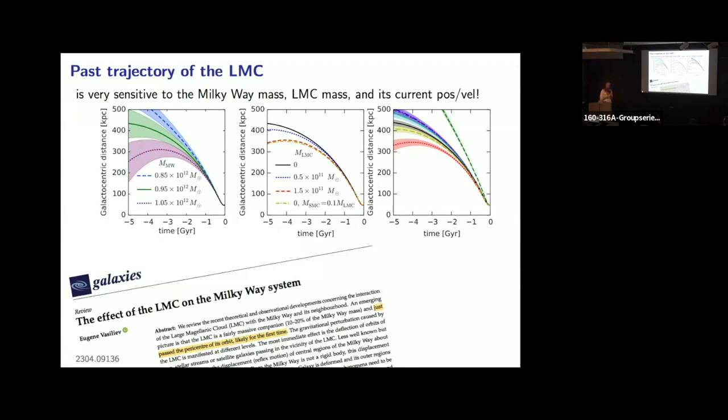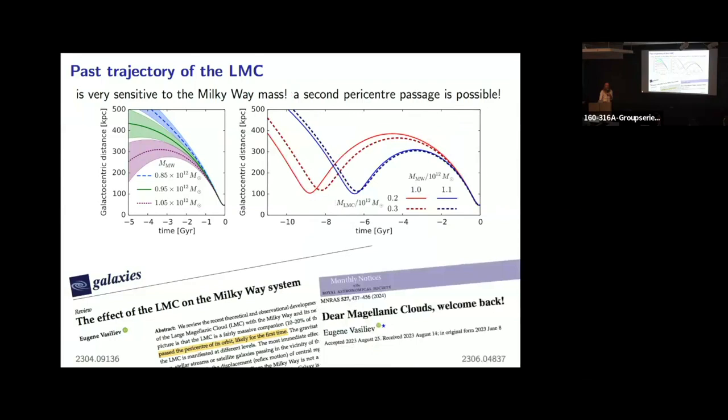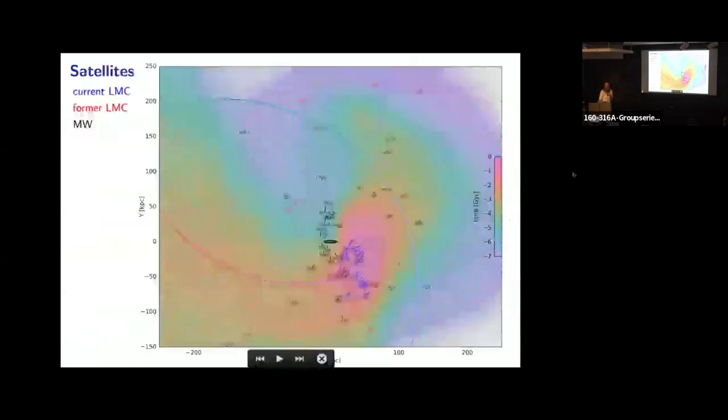Well, sure, there is evidence. I'm not showing the plot here, but generally the LMC has lost half of its mass on the first pericenter passage in these trajectories. And of course, to make it consistent with the present day estimates, I have to start with an LMC that was already 2 or 3 times 10 to the 11 solar masses. And this is the distribution of orbital debris from the LMC, where the contours show where the density is.